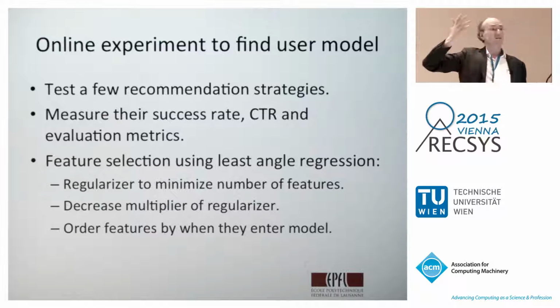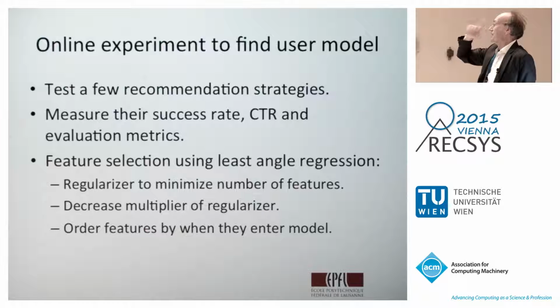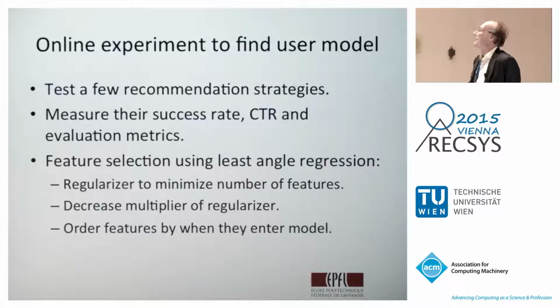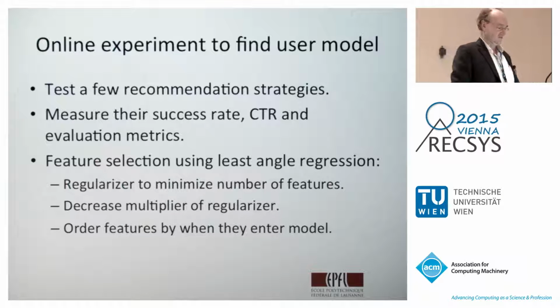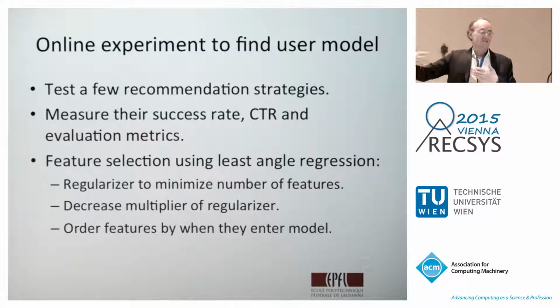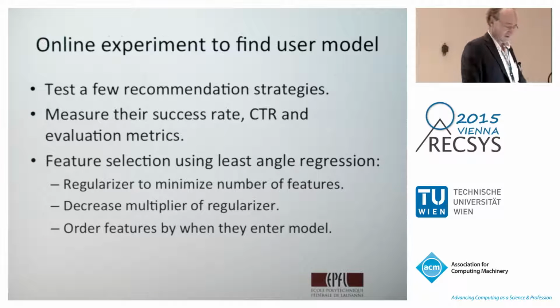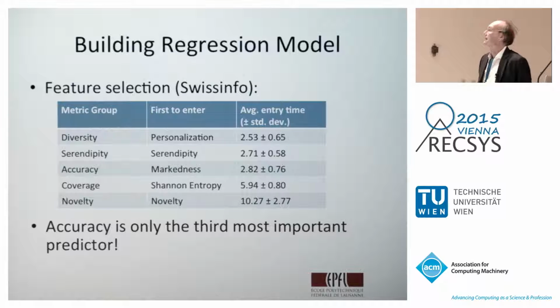So we tried to predict the click-through rate from the offline performance, and then you include in there a regularizer that minimizes the number of features you're using, and you decrease that and you order the features by when they enter the model. So with this we see that actually accuracy is only the 3rd most important predictor.